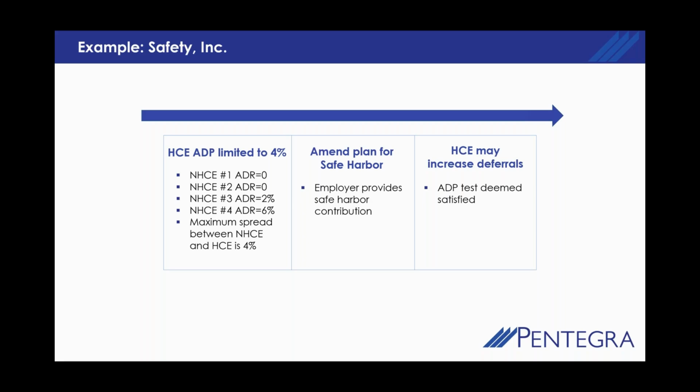Now, I know in this presentation, we're not going to talk about auto enrollment. That's a whole topic unto itself. But another way to go here maybe would be to switch a plan to auto enrollment. Now, with the Secure Act, new plans are required to have auto enrollment. Only businesses less than 3 years old don't have to do it, but a lot of existing plans have to go to it, and new plans will be on auto enrollment.